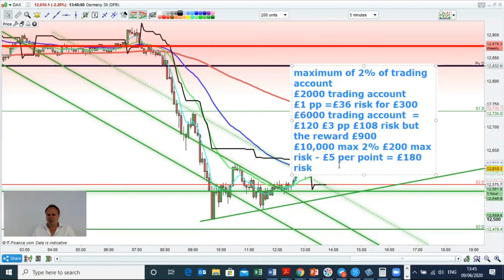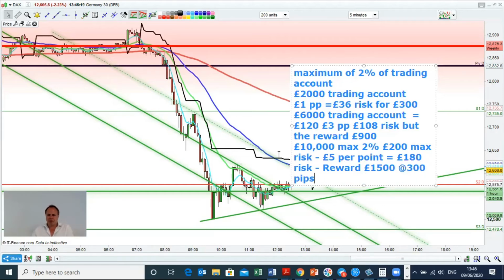But if you had traded £5 per point and did take the 300 pips, and bearing in mind it actually dropped more than 300 pips, to 12,500, your reward would be the grand total of £1,500. And that is at 300 pips.